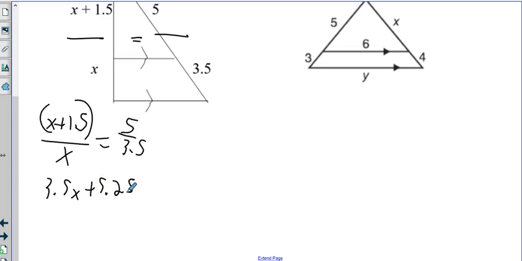5.25 equals just 5x. Now you're going to subtract 5 by 3.5. So you're going to get minus 3.5x, minus 3.5x.